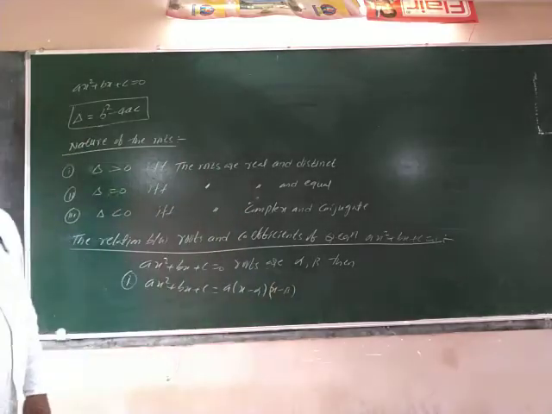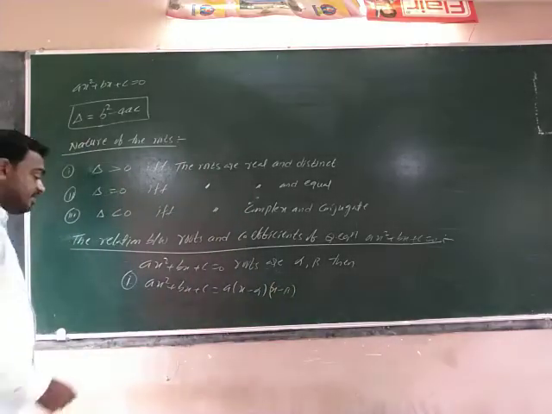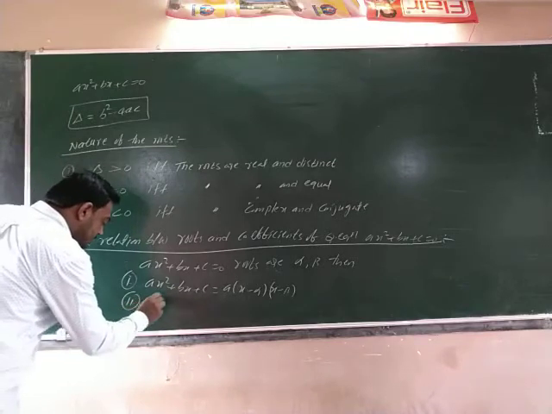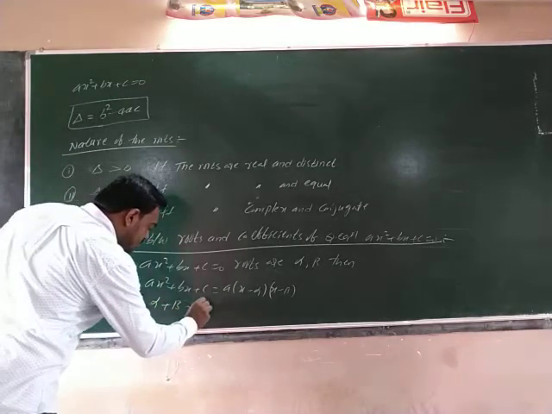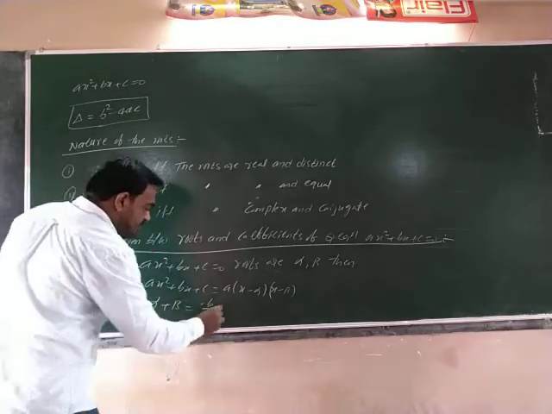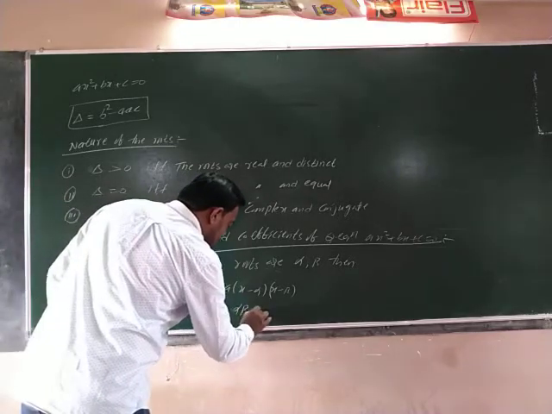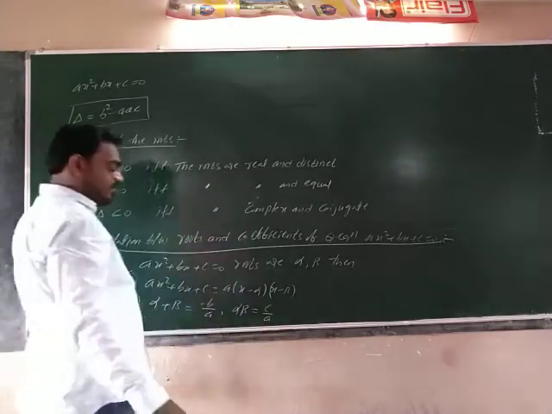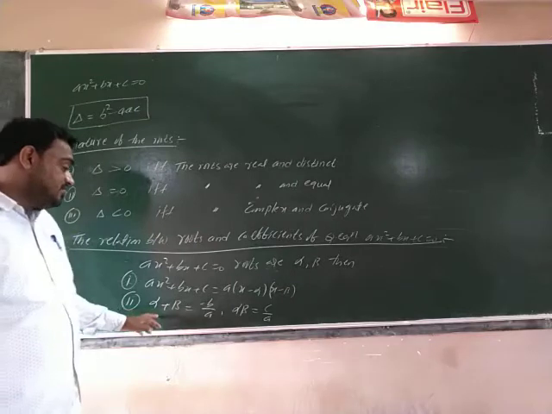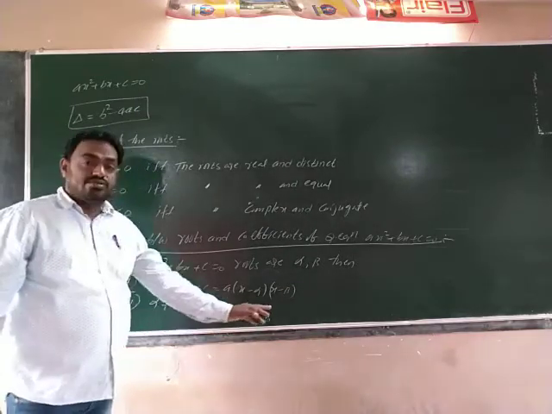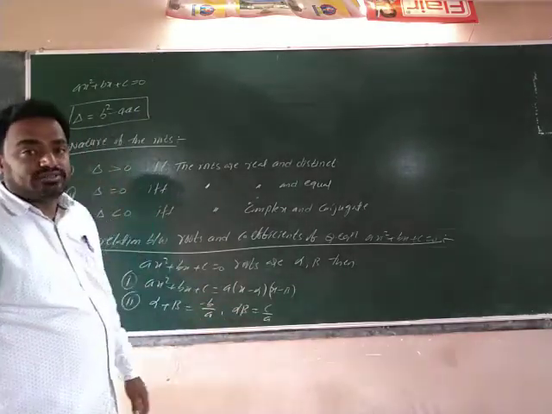Second, the sum of the roots is equal to minus b by a and the product of the roots is equal to c by a.